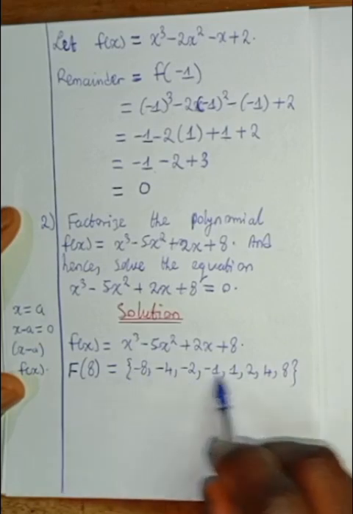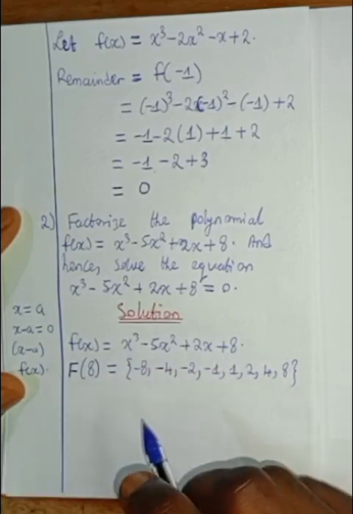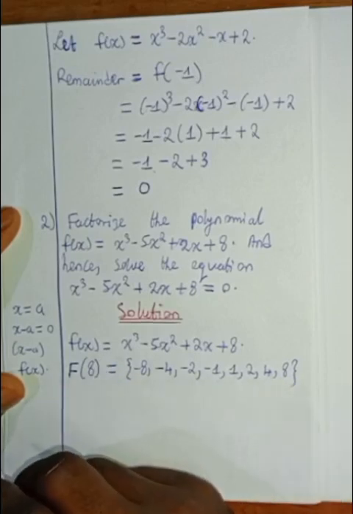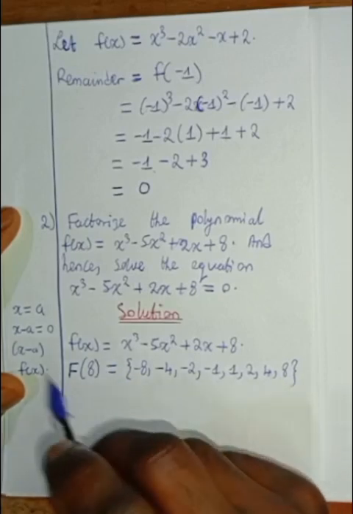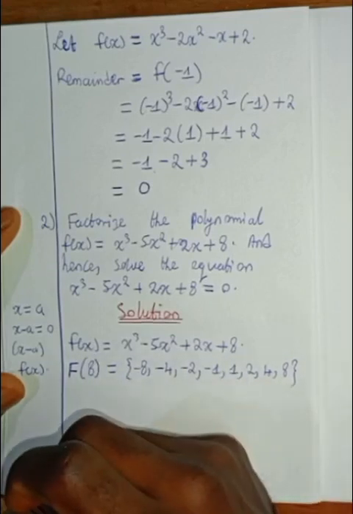We are going to insert these factors here. When we insert the factors, one of these factors will verify the set condition. That means f of that factor will be equal to 0. We are going to try those factors.